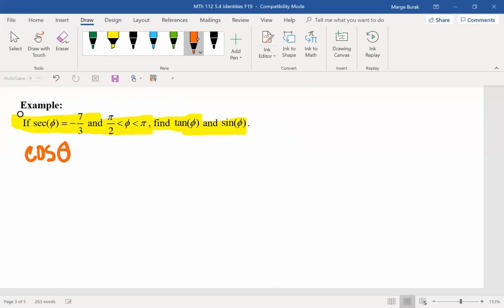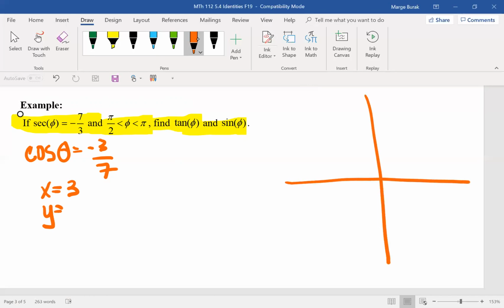I know that the cosine is x over r. So if the secant is negative 7 over 3, that means the cosine is negative 3 over 7, x equals 3 or negative 3, and y equals 7 or negative 7. So we have to figure out which quadrant we're in first. And between pi over 2 and pi, that means we're in quadrant 3.